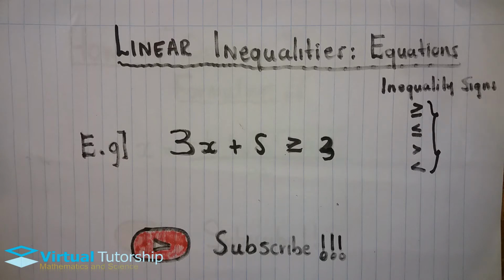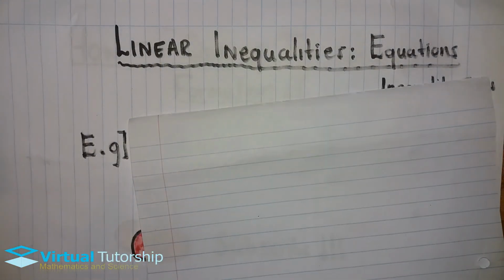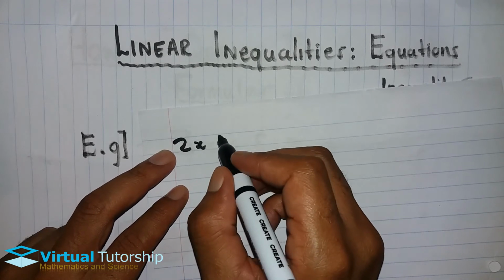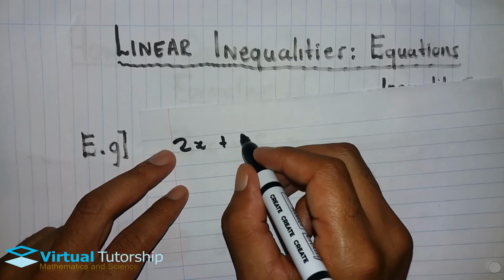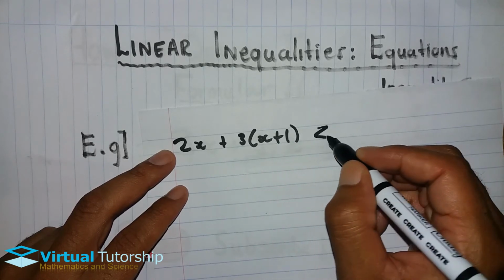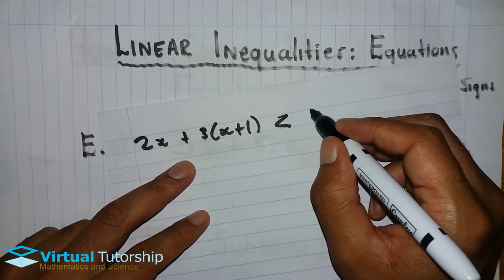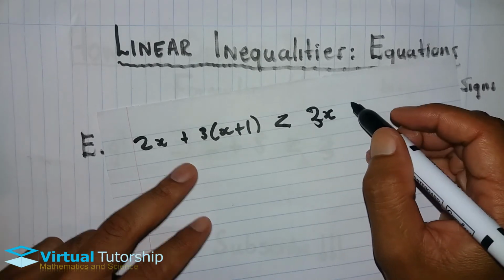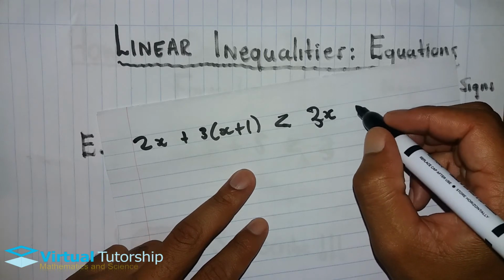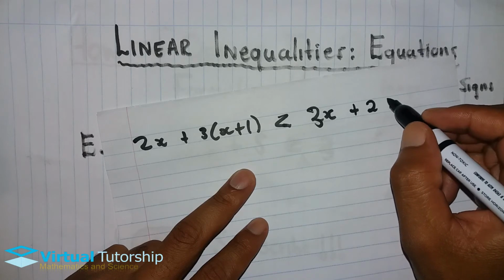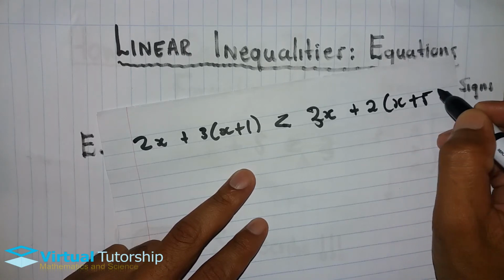Let's just take one more example. As it is, 2x plus 3x plus 1 less than 2x, no, let's say 3x plus 2x plus 5.